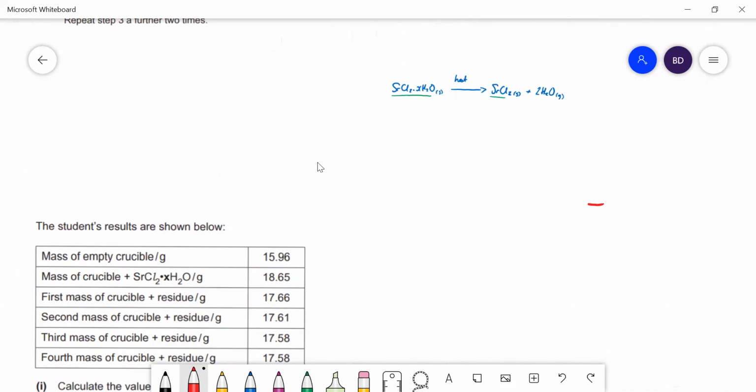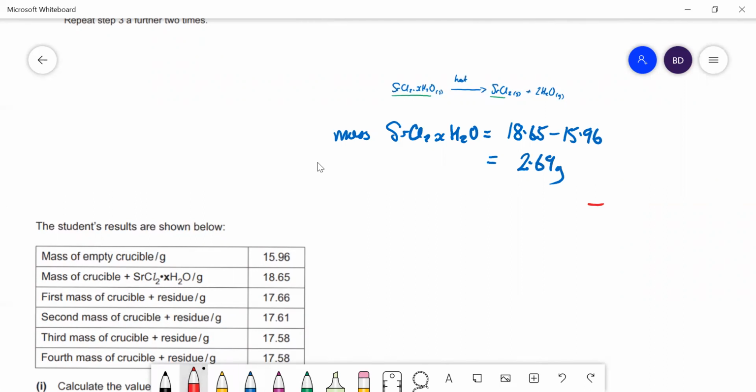Right, so the mass of the hydrated, we're going to do by subtraction, so that's going to be equal to 18.65, that's a crucible with it in there, minus the mass of the empty crucible, 15.96. That gives us 2.69 grams.